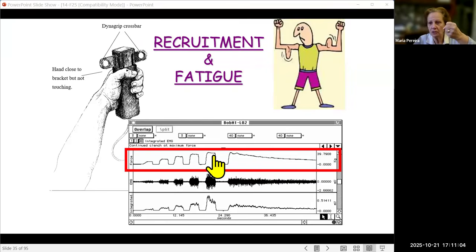How long can you keep the recruitment of all the muscle fibers? You'll see that although you're exerting a lot of strength, the muscle fibers are going to be tired. So the contraction dies down because of the development of fatigue.